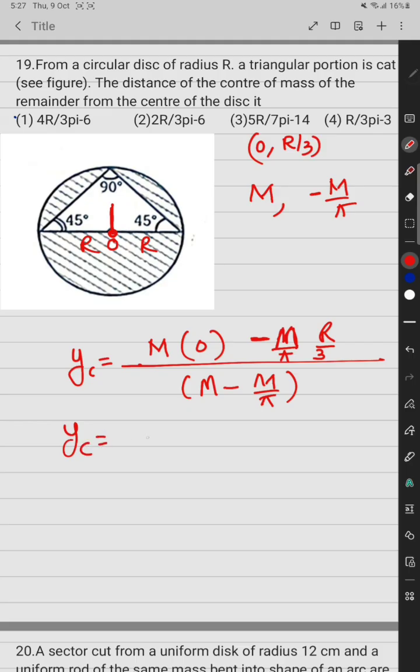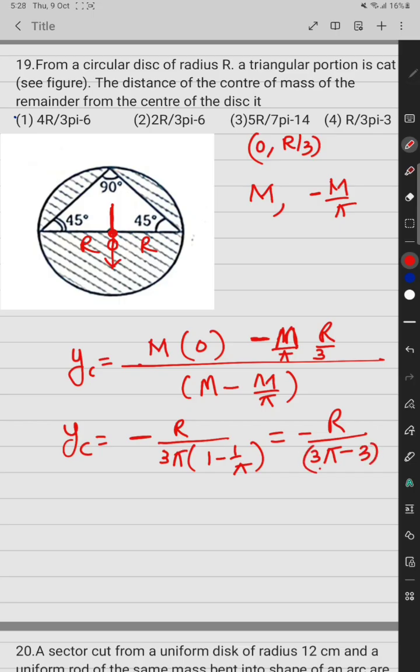So y center of mass is equal to minus, meaning it goes downward. Cancelling m with m, it is minus r by 3 times the bracket 1 minus 1 upon pi. If we multiply this term, then it is minus r upon 3 pi minus 3.